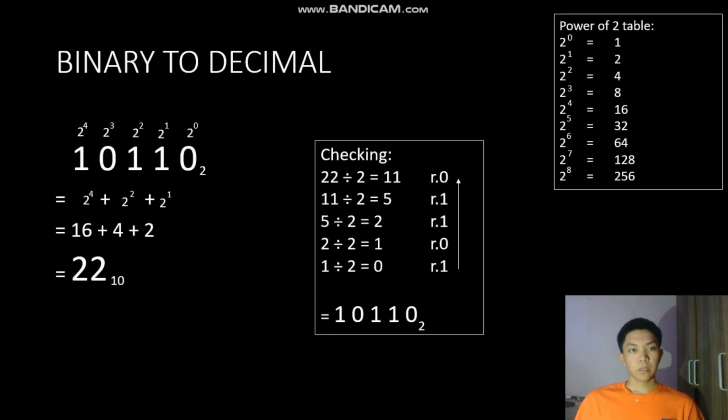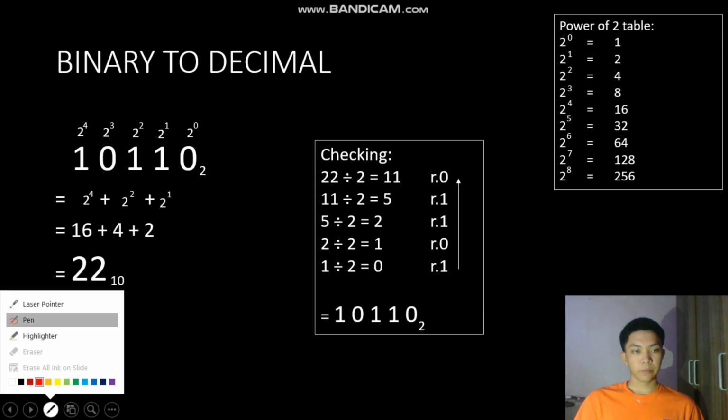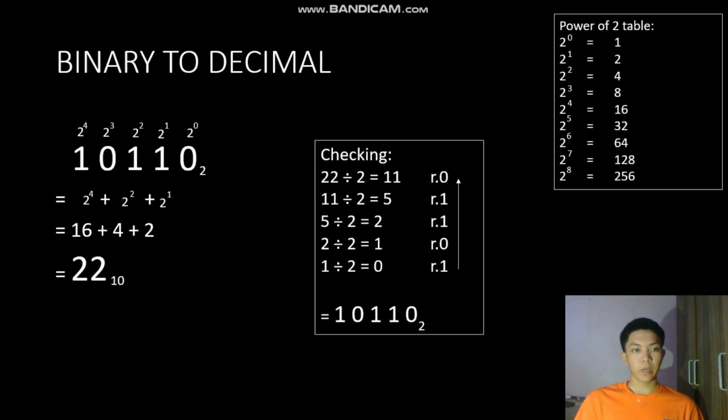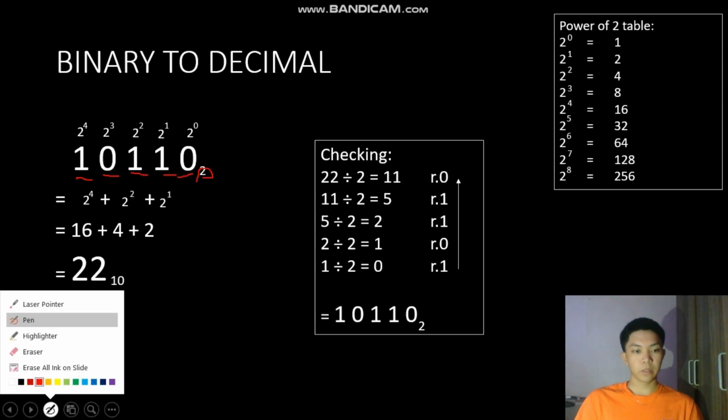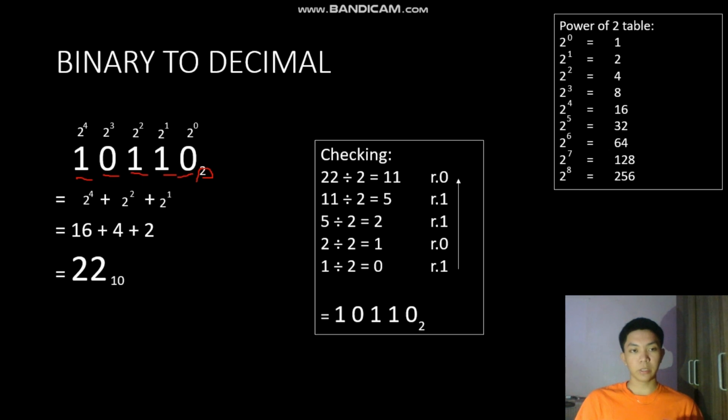So today, we will convert binary to decimal. As you can see, we have 1, 0, 1, 1, 0. It's a base 2 system. It is a binary. So let's convert it to a decimal system.